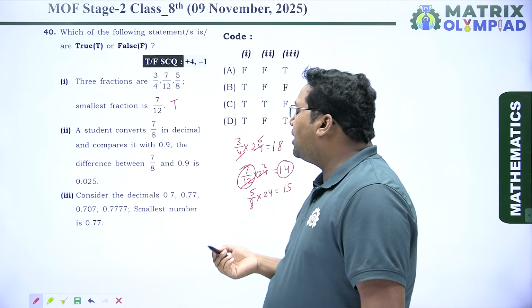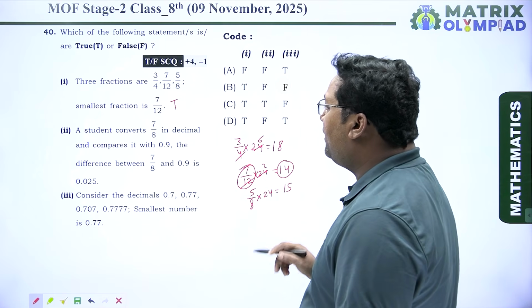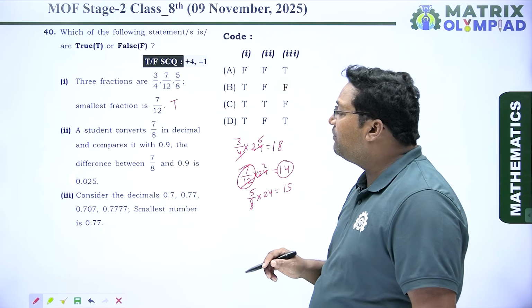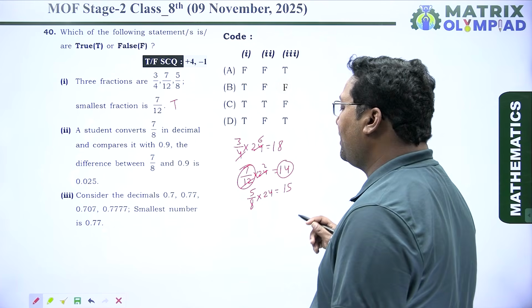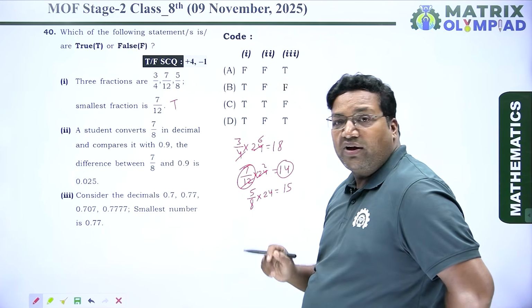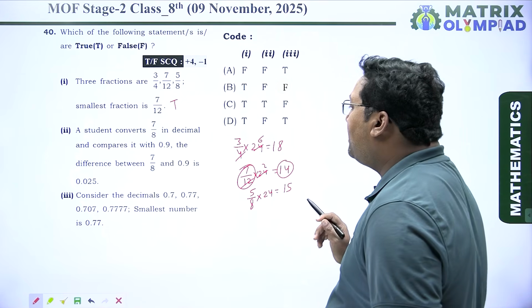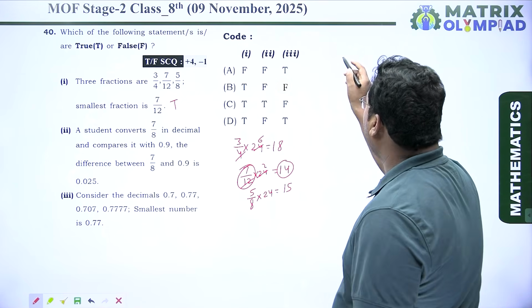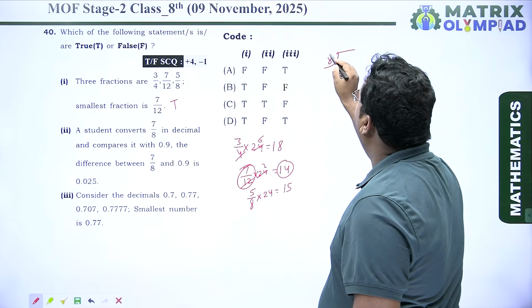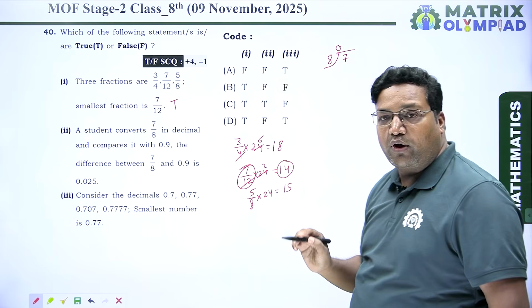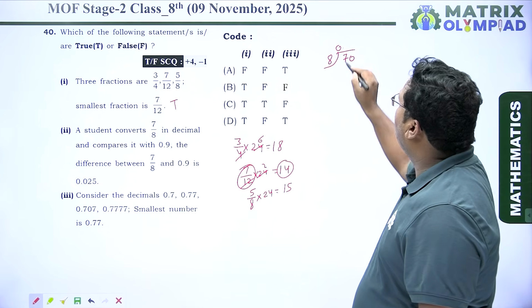Second is, a student converts 7 by 8 into decimal and compares it with 0.9. The difference between 7 by 8 and 0.9 is 0.025. So first of all, we have to divide 7 by 8. 7 by 8 is a terminating number. First of all, we have to put here a decimal point and 0.